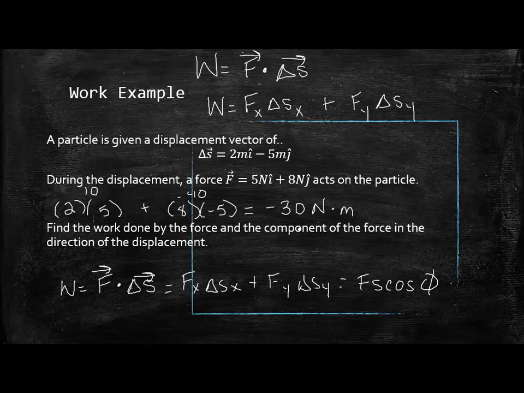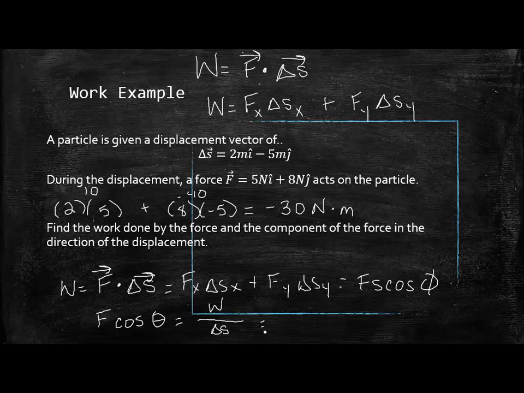So we already know our work is going to be negative 30. So if I want to find the force in the direction of my displacement, if I rearrange this, it's going to equal work divided by the magnitude of my displacement vector. Now if I do this, this is going to give me my force that's acting in the same direction as my displacement.